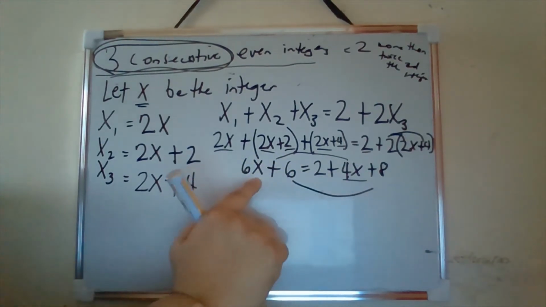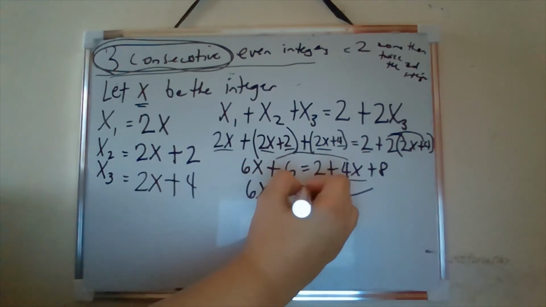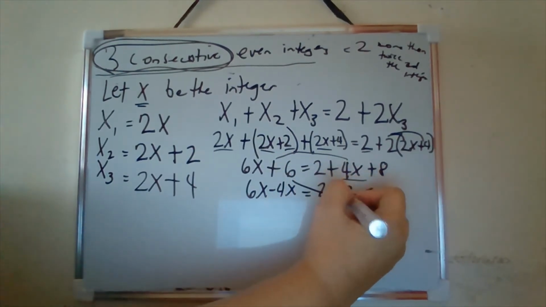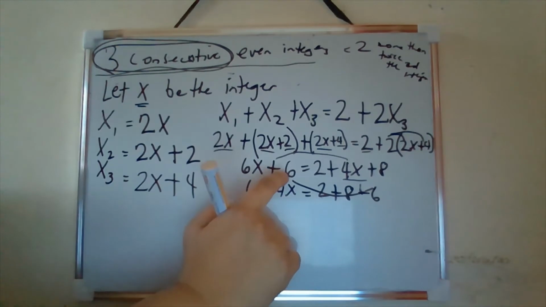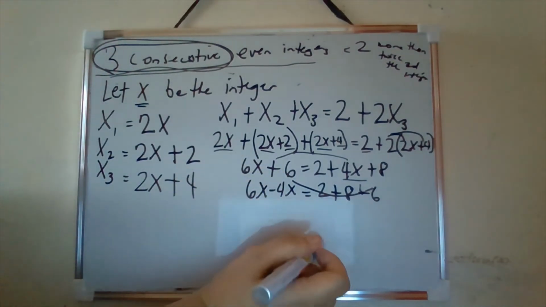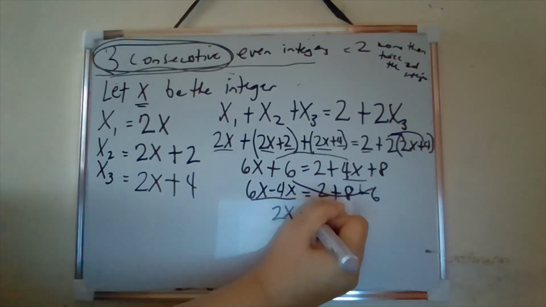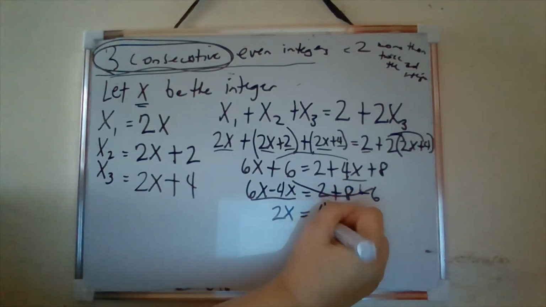So, 6x minus 4x, di ba? 6x minus 4x kasi positive siya dun sa kabila. And then here, 2 plus 8, and then magiging negative 6 to, kasi nga, positive siya dito sa left side. So, this becomes 2x equals, then 2 plus 8, 10 minus 6, this becomes 4.